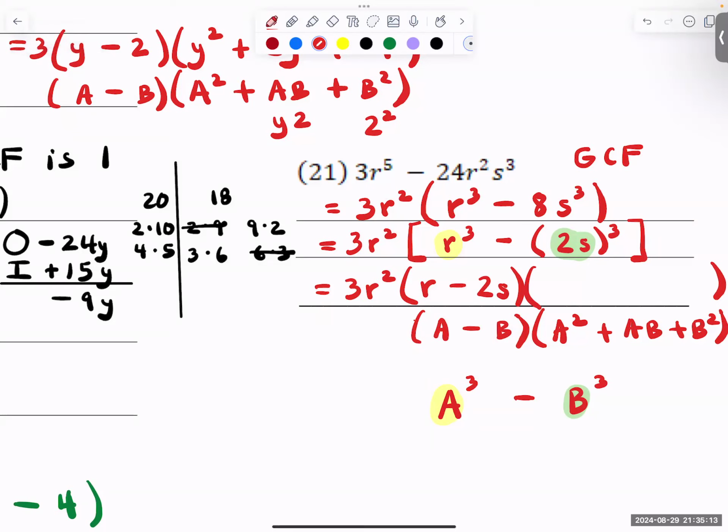A squared will be r squared plus AB will be r times 2s. R times 2s is the same as 2rs, coefficient first, and then B squared will be the square of 2 times s, and 2s quantity squared is 4s squared.